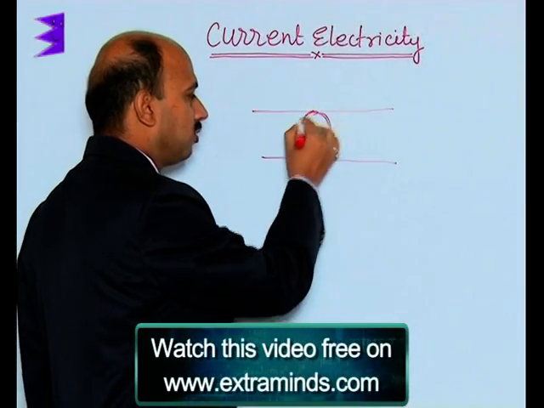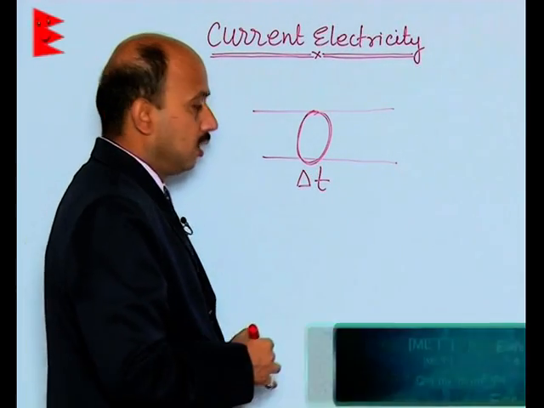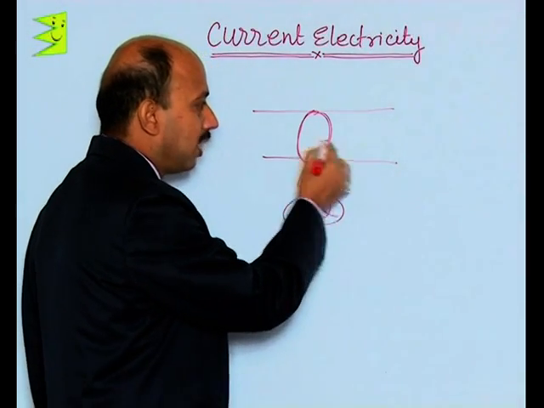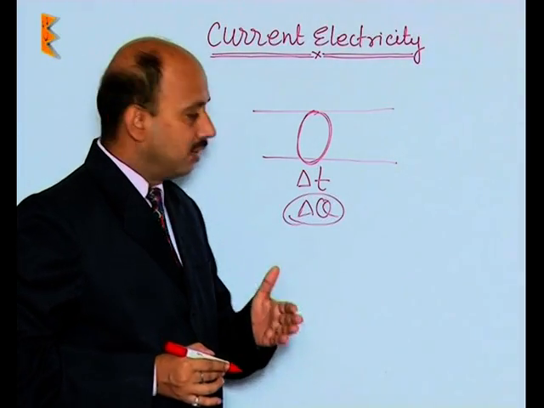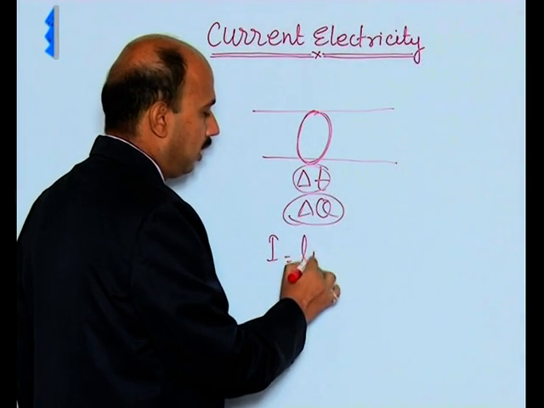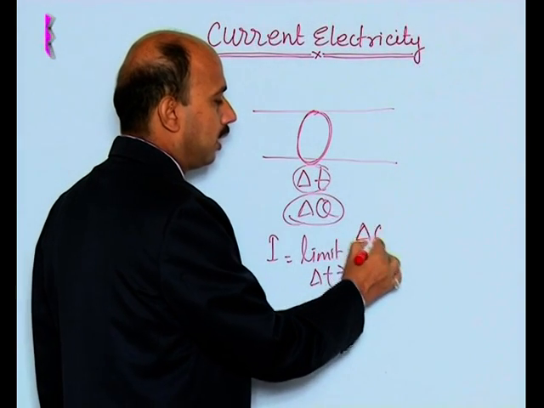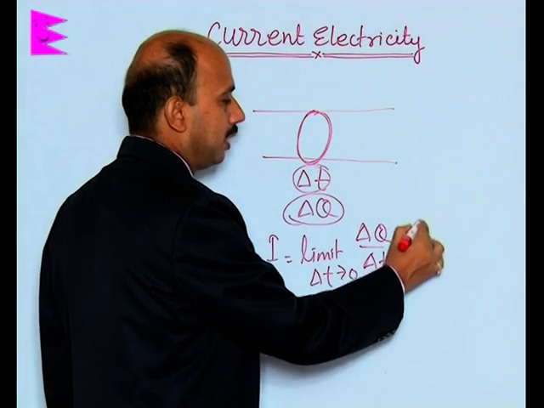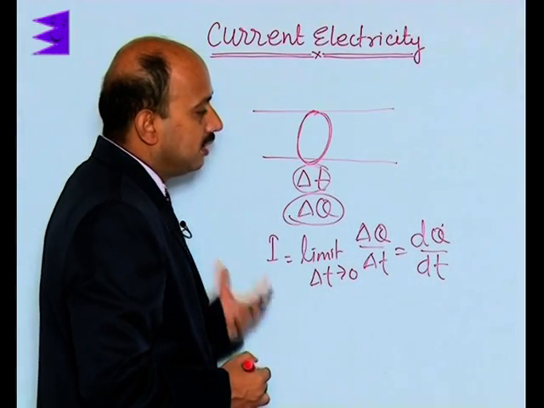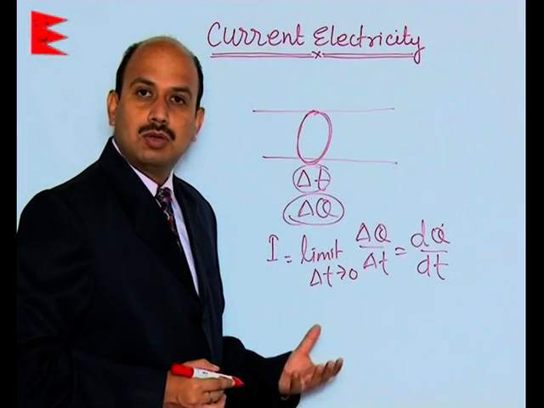Suppose through this area of cross section, a charge delta q is flowing in the time interval delta t. Then we can define I is equal to the limit delta t tends to 0 of delta q upon delta t, and that can be written as dq upon dt. It means in this case electric current is the first derivative of the charge with respect to time.